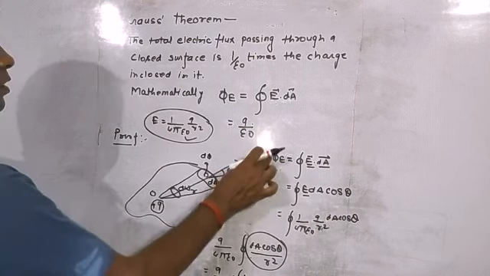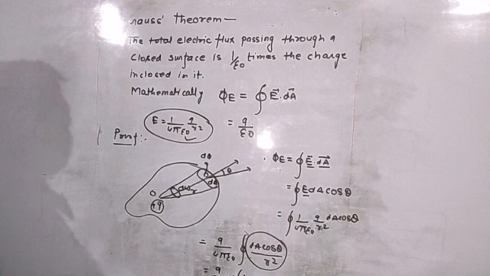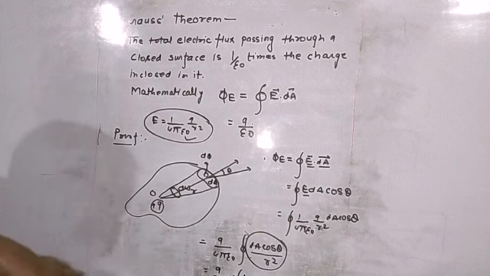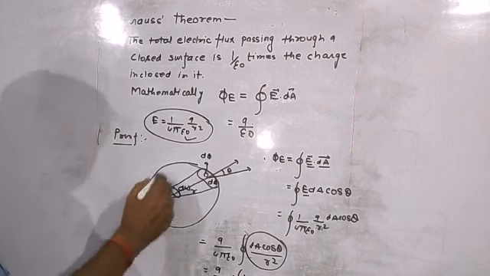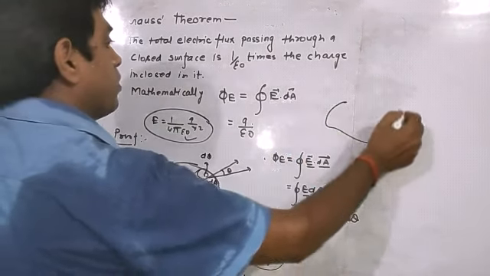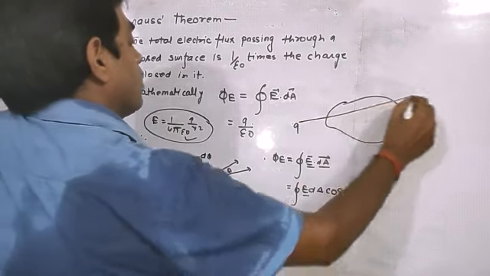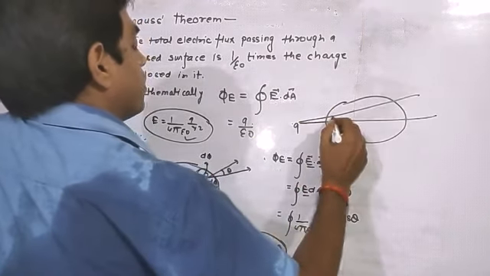So the flux phi E is actually Q upon epsilon naught, the total charge enclosed in it. That means the charge is placed inside of the surface. Now suppose the charge is placed outside of the surface, somewhere here, then what is the electric flux associated with it?